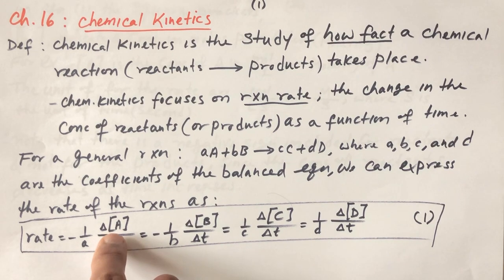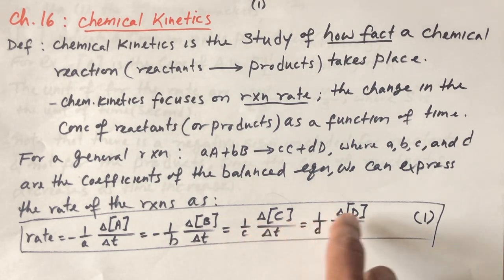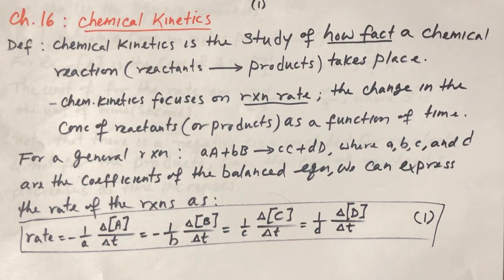So this square bracket enclosing A, in terms of notation, basically refers to the concentration of A in moles per liter, or molarity of A. So we're talking about molarity of A when we place any of these components inside the square bracket.